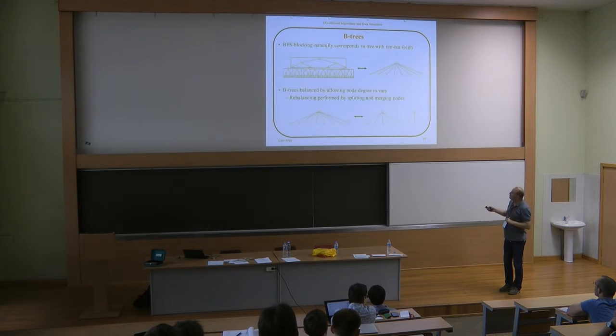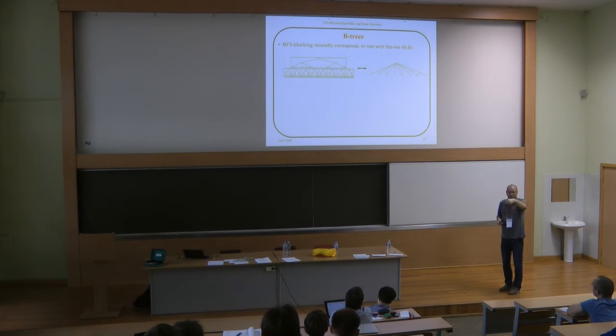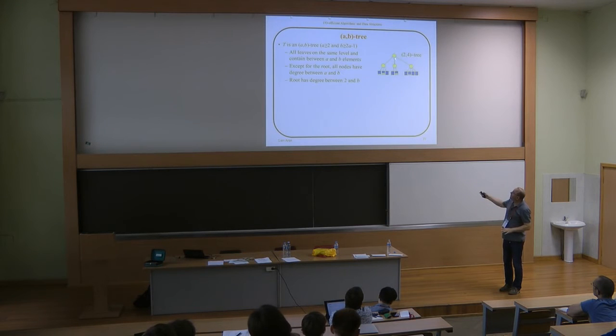If you had a small tree sitting in here, it's sort of natural what elements you would have sitting. But when you have a big fan out here, you actually just have one element for each of the children, and you can sort of do binary search inside the node to figure out where you want to go. But it doesn't matter, right? Because I'm only counting IOs, right? I don't care how you figure out when you're standing here which one of these children you should visit, because it's all going to happen in internal memory.